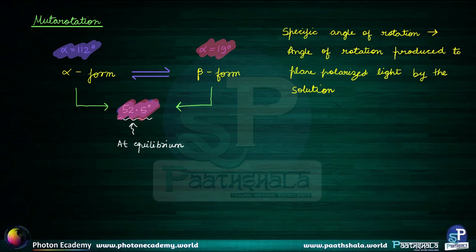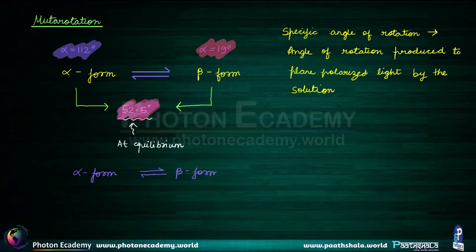Now, both the alpha and the beta form are trying to attain the equilibrium specific angle of rotation. Let us just assume my alpha form was at x%. Then the beta form will automatically be 100 minus x%. So now we're trying to find the percentage.